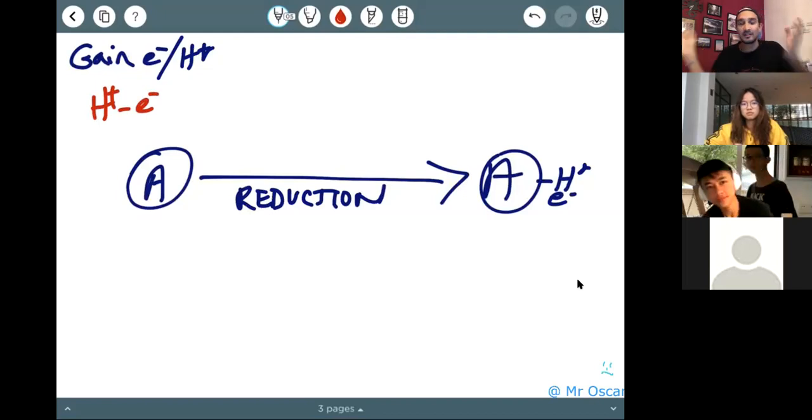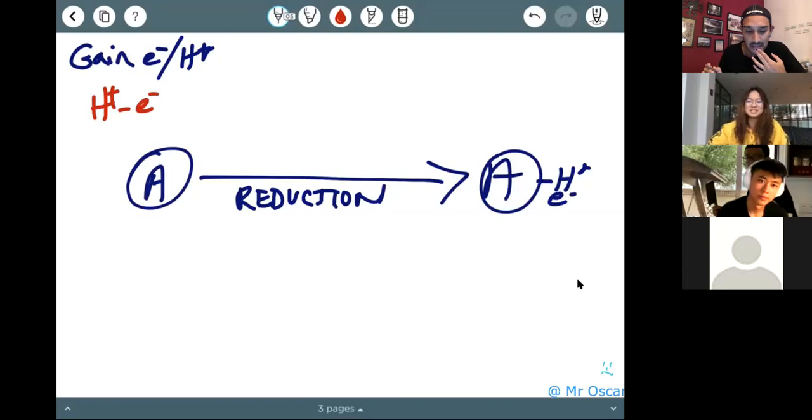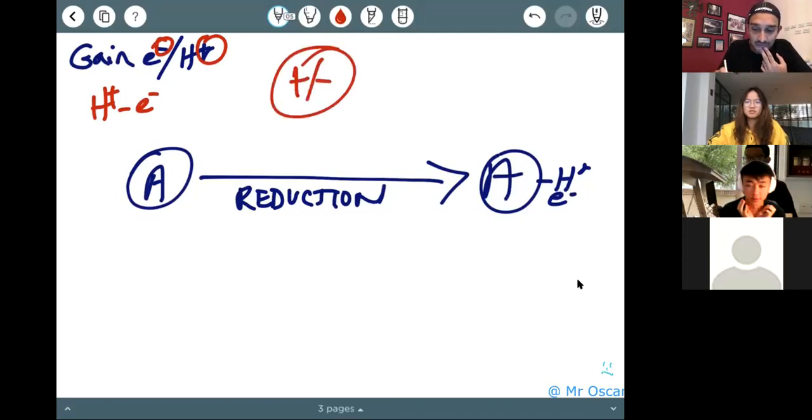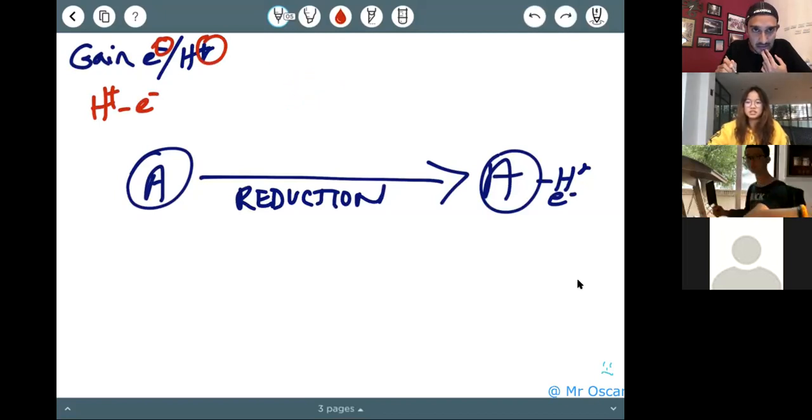If I say it gains an electron, I'm saying it also gained a hydrogen. Why is it plus and then minus? Because a hydrogen carries a positive charge and an electron carries a negative charge, so together they balance out.